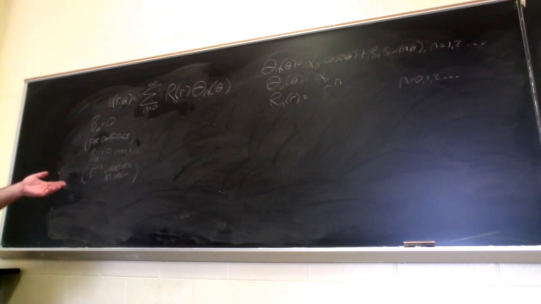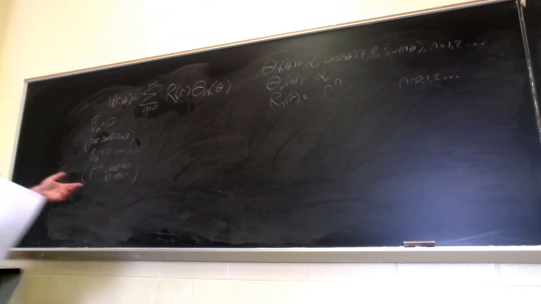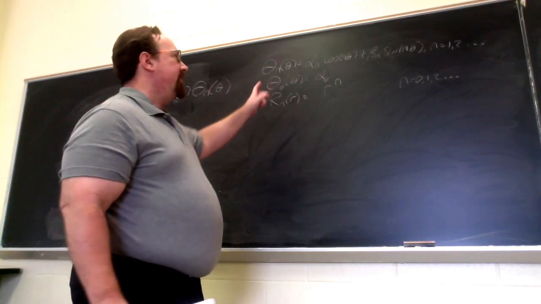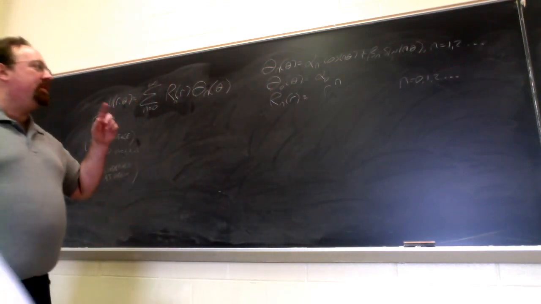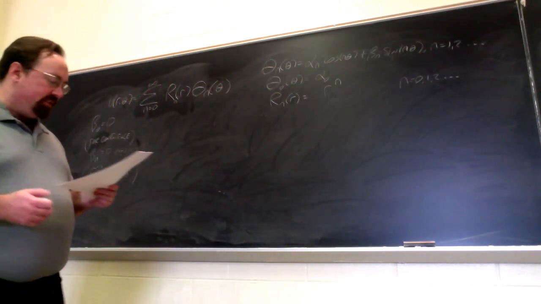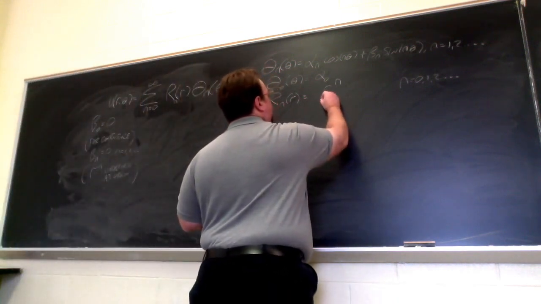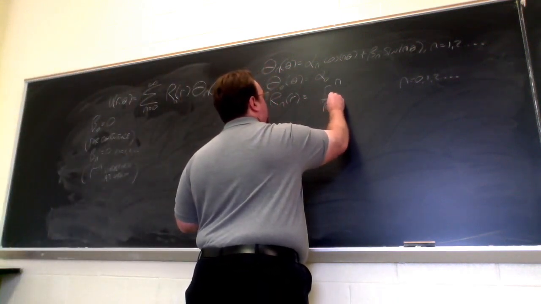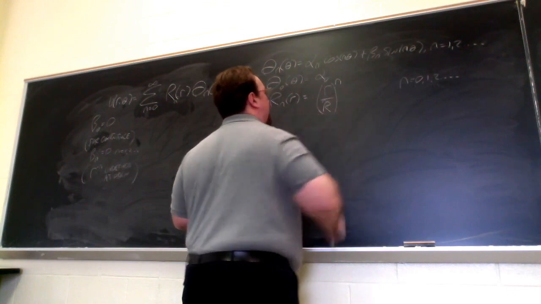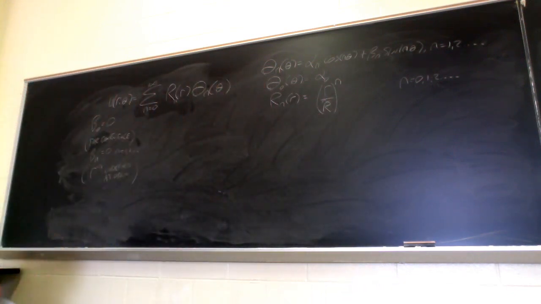I could just leave it alone, and then I only have the constants, these alphas and betas. But it turns out to be convenient to include a constant factor. I'm going to divide by big R tilde and raise all of that to the nth power. Because this is a solution to a homogeneous ODE, if I multiply it by a constant, it's still a solution. So this constant is the most convenient choice.